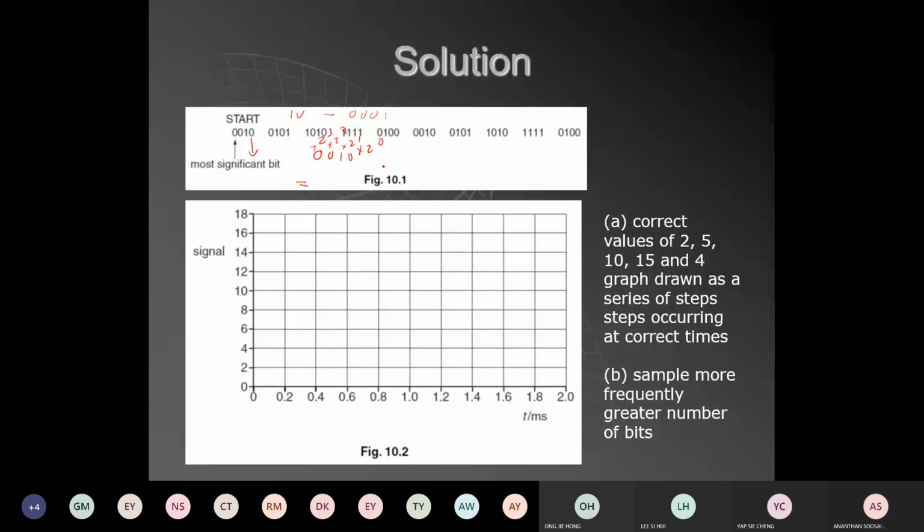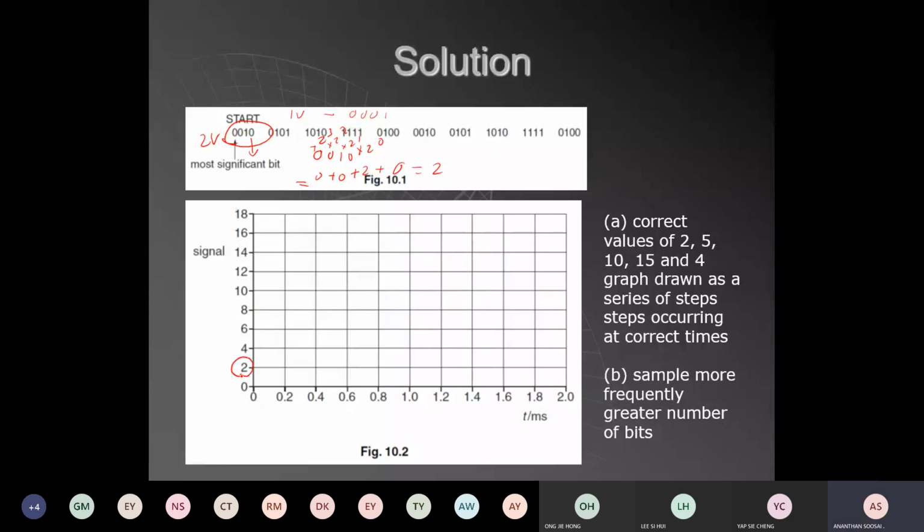The others are all 0, and 2 power of 1 is 1, so it's plus 2. So 0010 is actually 2 volt.